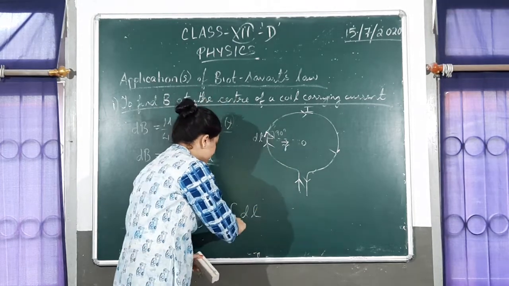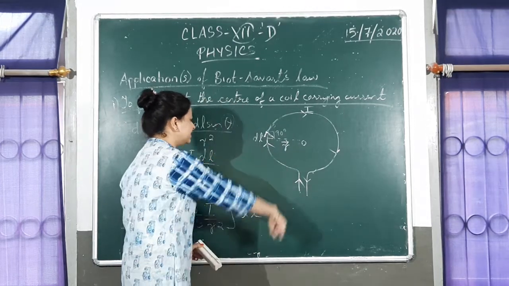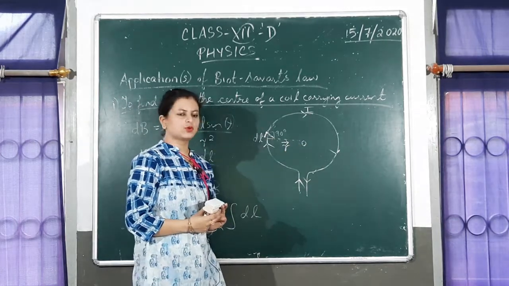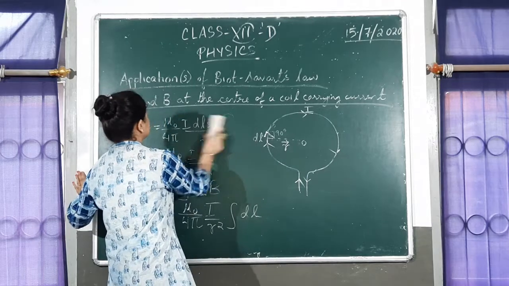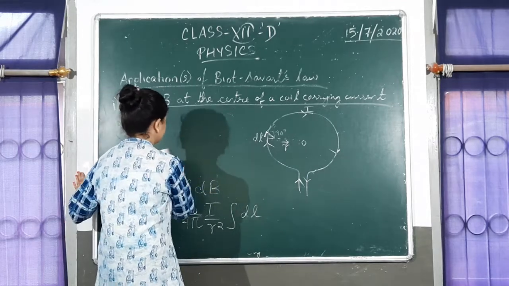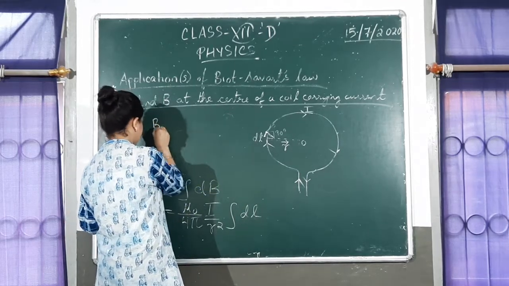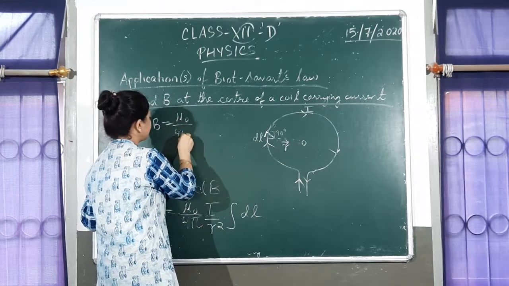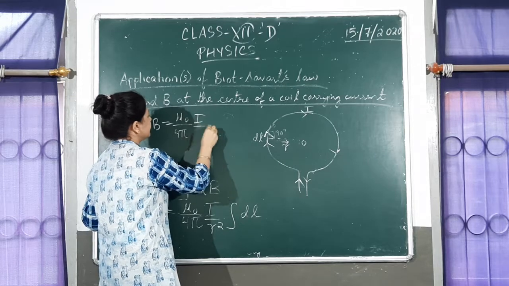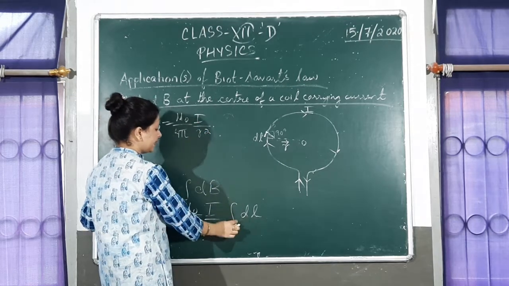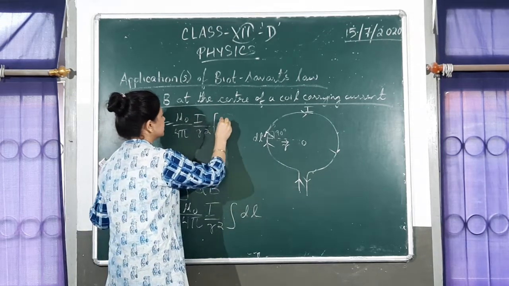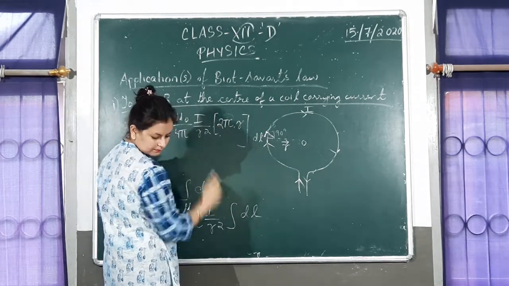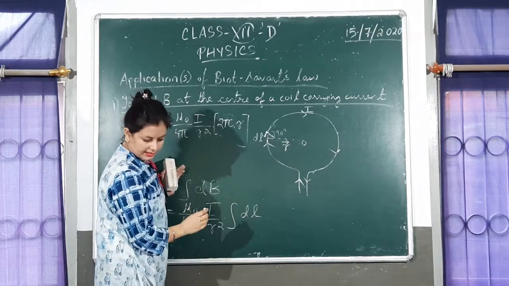So what will be the integration of dl? It will be the length of this circular loop, that is equal to the circumference, that is equal to 2 pi r. So I can write here, the value of B is equal to mu naught by 4 pi, I by r square, integration dl is nothing but 2 pi r.